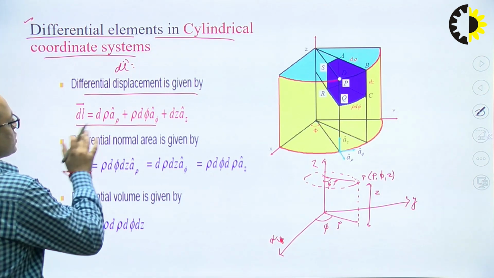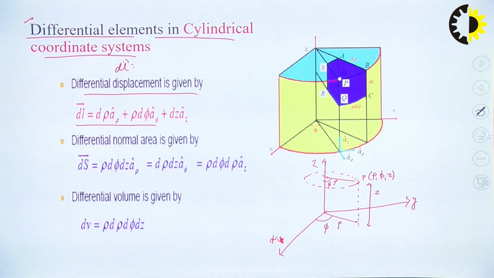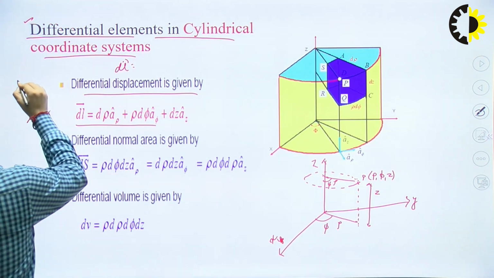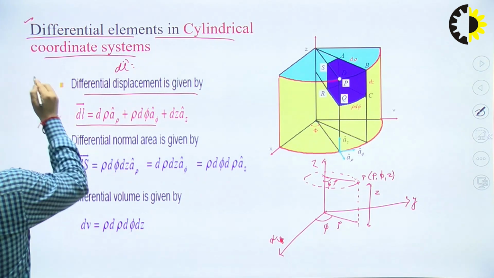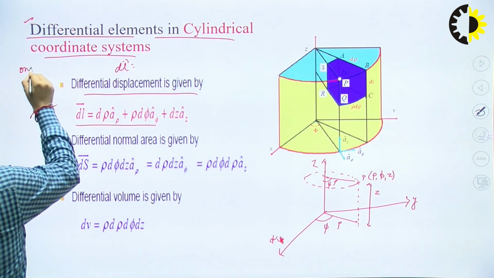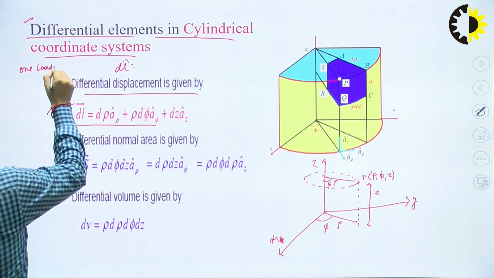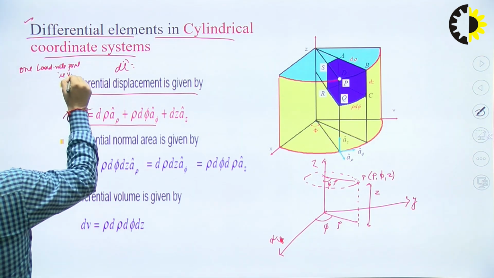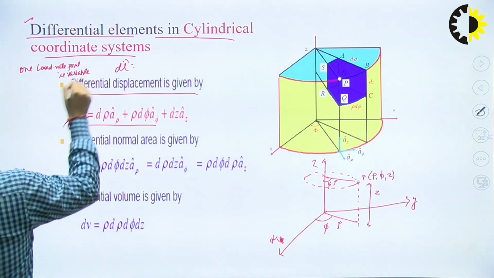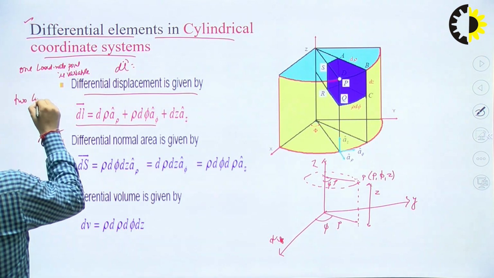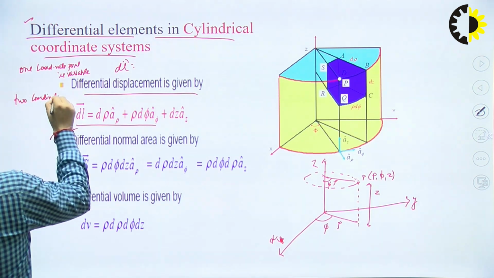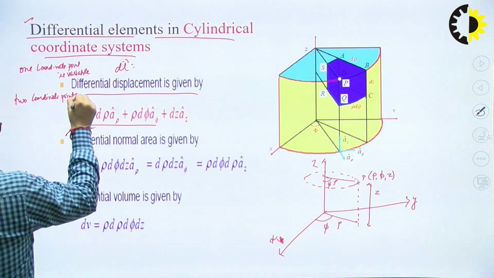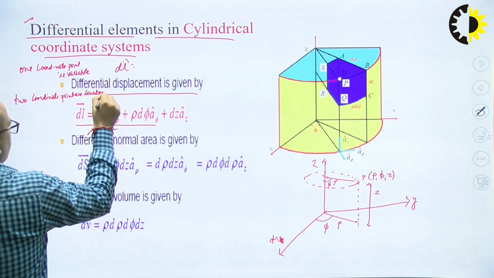The differential length is always calculated when two variables are constant and one is variable. This differential displacement is called when one coordinate point is variable and two coordinate points are constant.